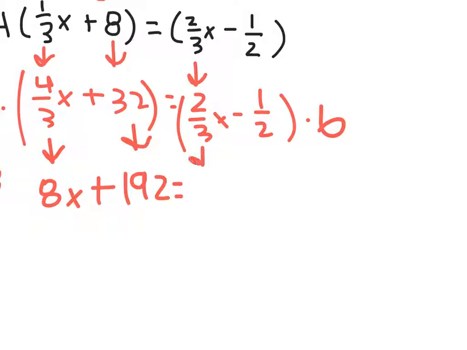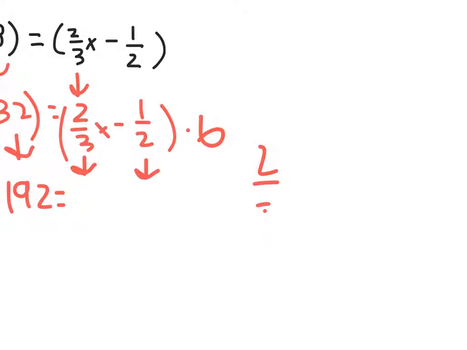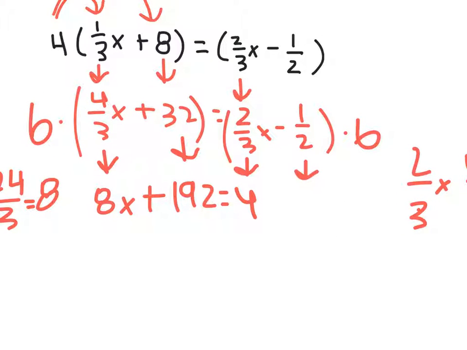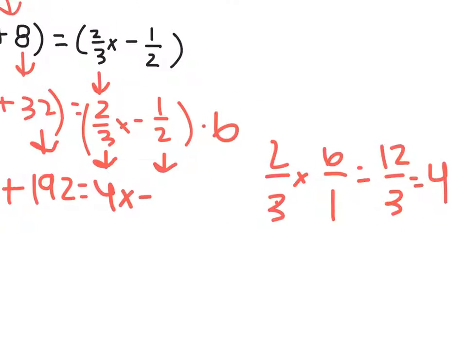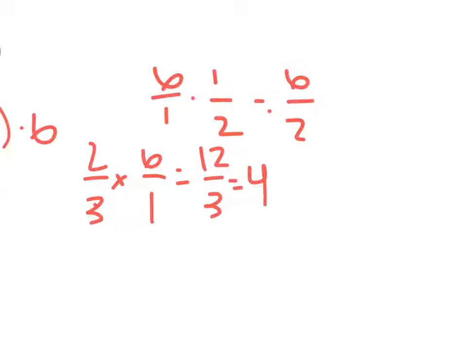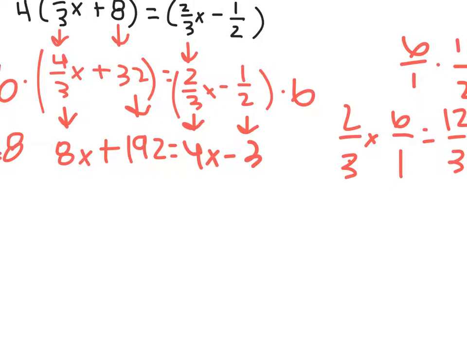And then on this side, you're just going to do the exact same thing. So you'll have 12 over 3, which is 4. Take away, and then 6 over 1 times 1/2 is going to be 6 over 2, or 3. So you'll bring down your 3.